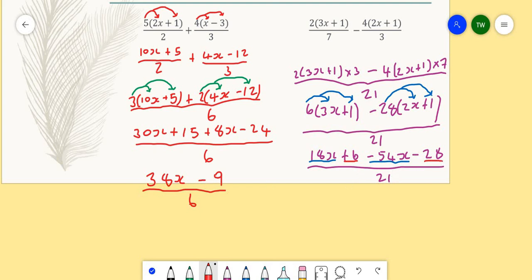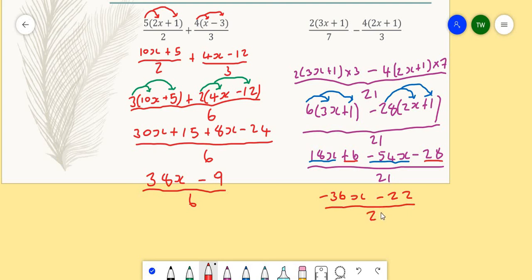It means that they can be added or subtracted. So positive 18x minus 54x, that's going to give us a negative 36x. And positive 6 minus 28, that's going to give us a negative 22. And all of this is divided by 21.